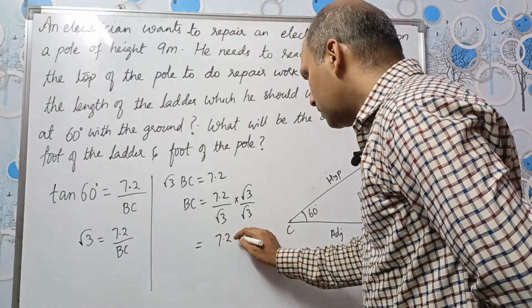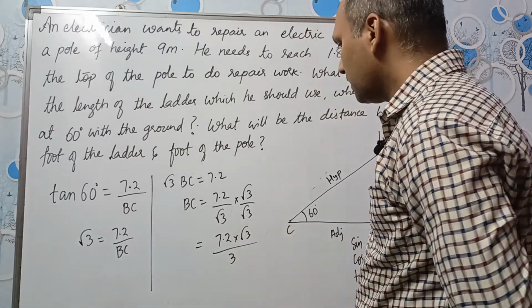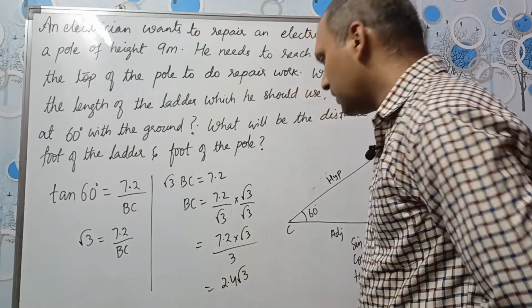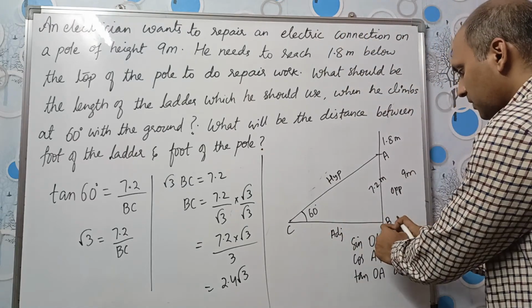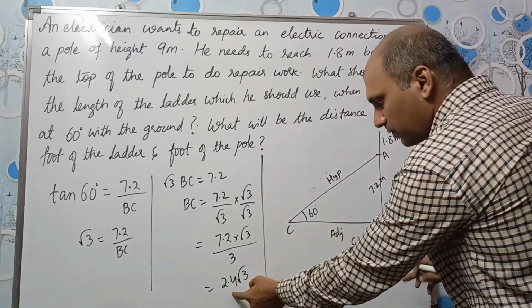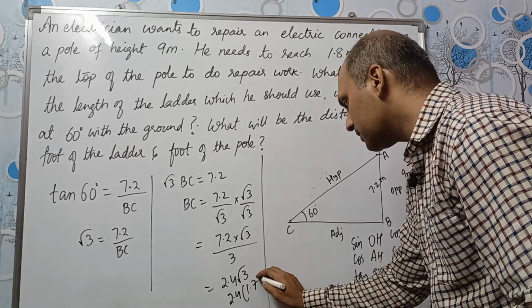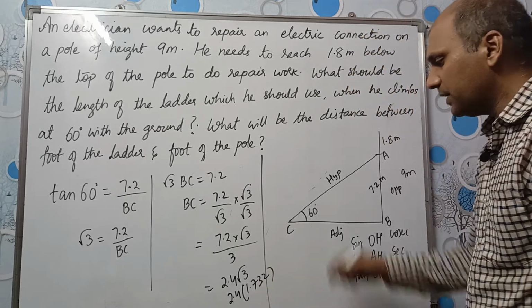So this is 7.2 multiplied by root 3 divided by root 3 into root 3, which is 3. Just now we cancelled this and we got 2.4, right? 2.4 multiplied by root 3. So the distance between the foot of the pole and the ladder is 2.4 root 3, or you can write it as 2.4 multiplied by 1.732, because root 3 value approximately is 1.732.